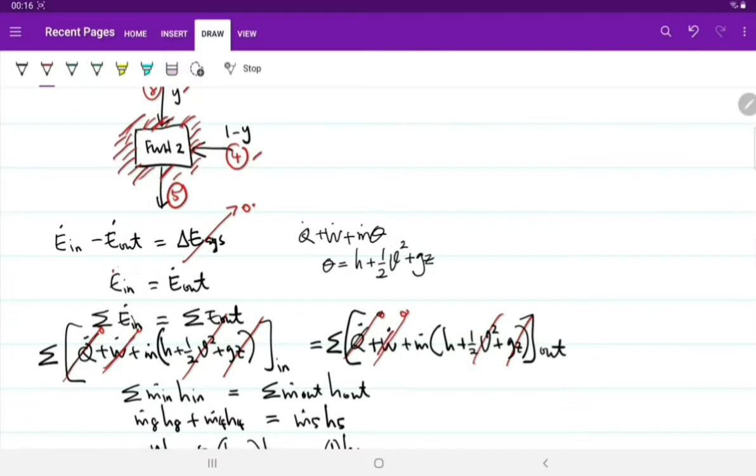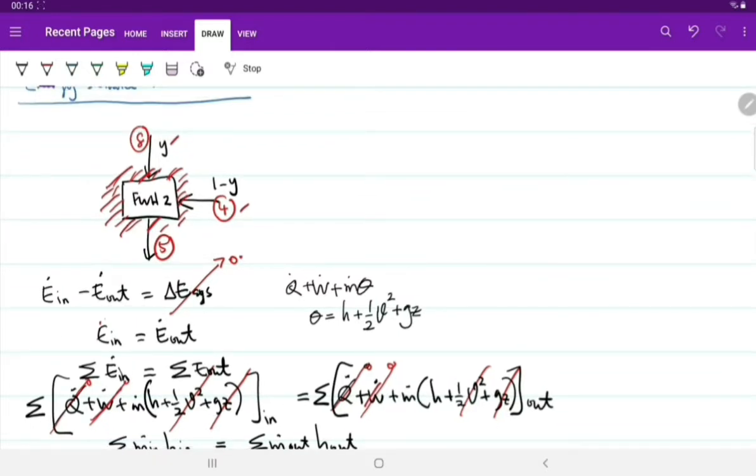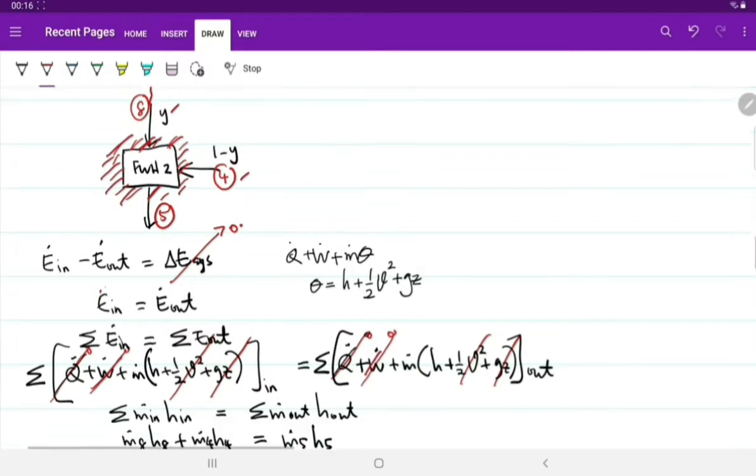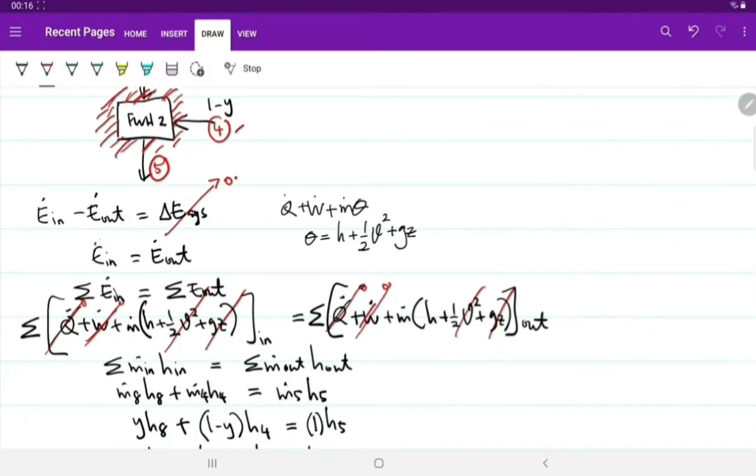And then the enthalpy term will be significant. Okay, the kinetic energy term: the flow of steam coming in from number 8, from number 4, and then it goes out. So the kinetic energy difference will be more or less similar. We assume that the velocity coming in and going out should be more or less similar, so you can just cancel the term.